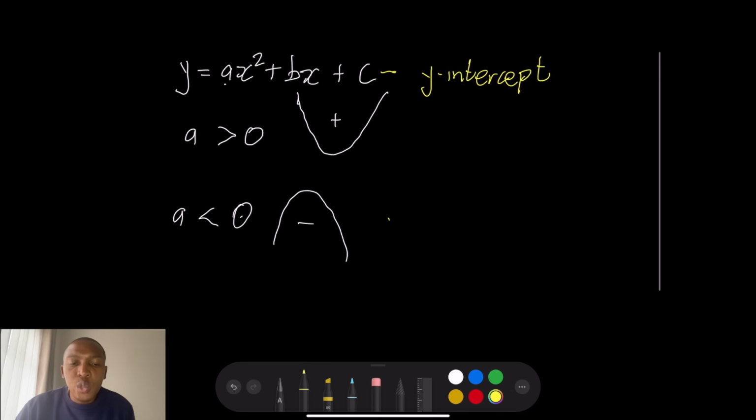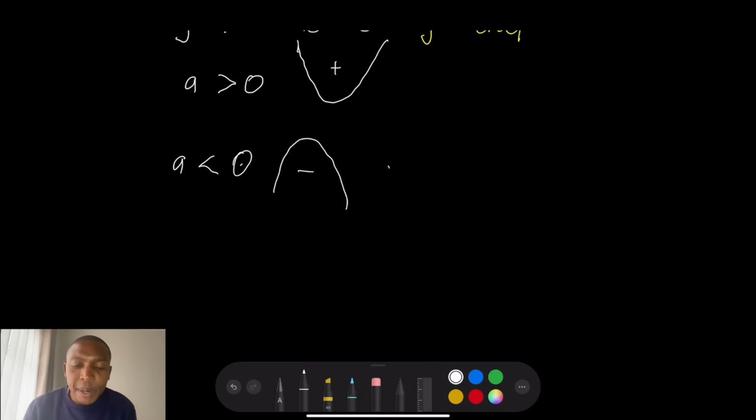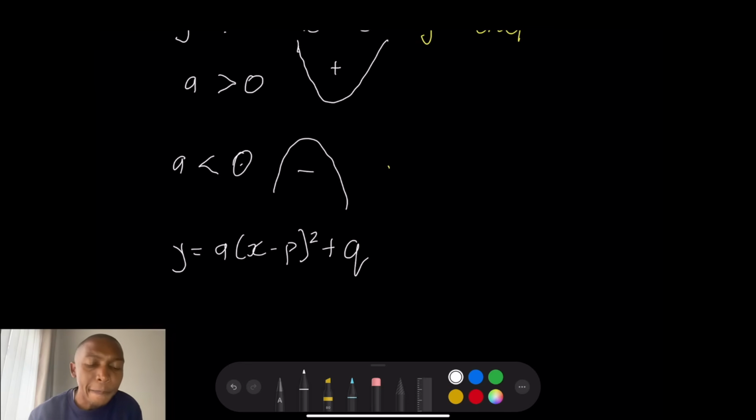Right, now let's go to the second way in which parabolas can be expressed. We can express them as y equals a into x minus p squared plus q. Please listen carefully.